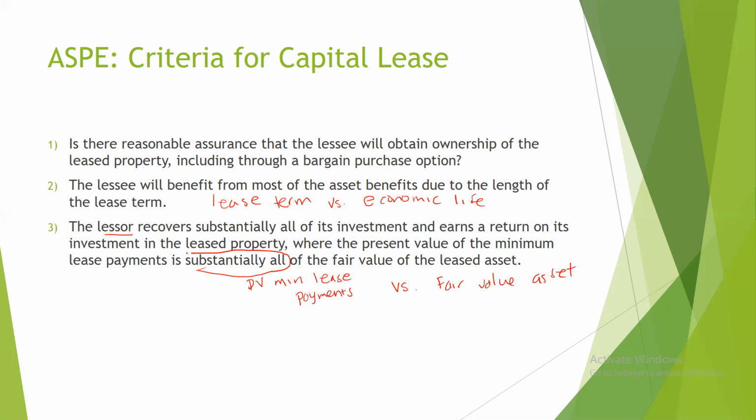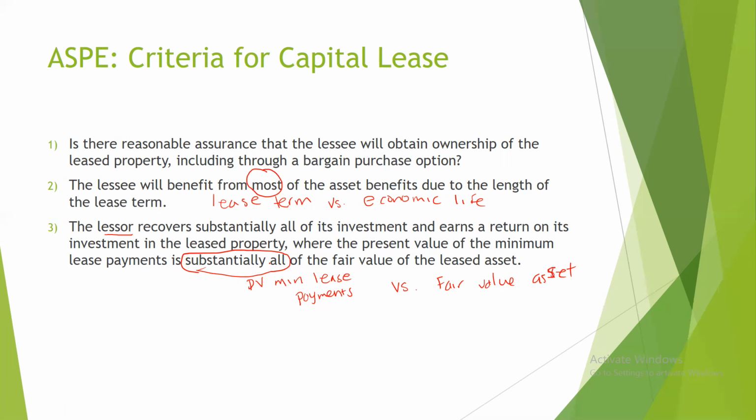So does it cover substantially all? In the second criteria, it says most. So what does most mean? What does substantially all mean? They don't quantify an amount of how much of the PV should be the fair value of the asset. So that's not really quantified for us. So we have to quantify that.